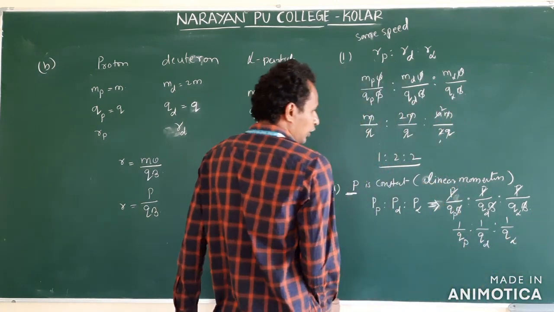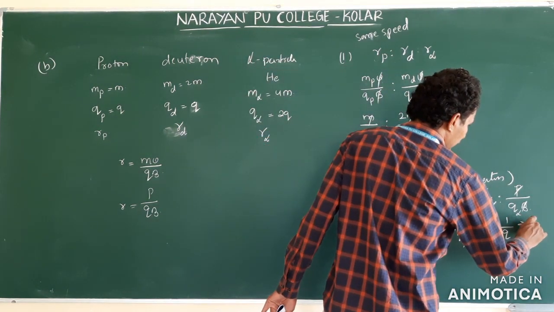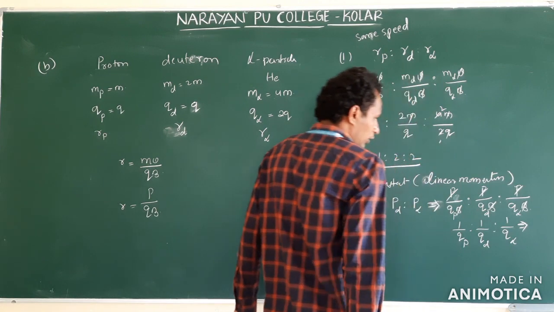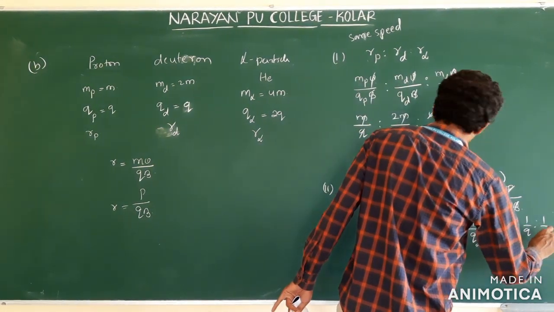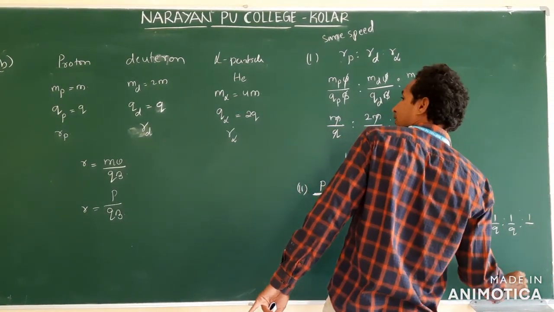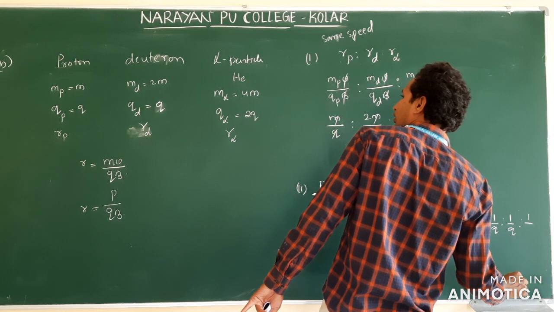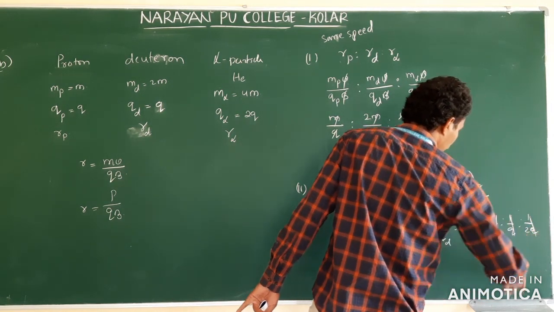Then what would be the answer? This implies 1 by Q is to 1 by, what is the charge of deuteron? Q. Is to 1 by charge of alpha, 2Q. So 1 by Q cancels.